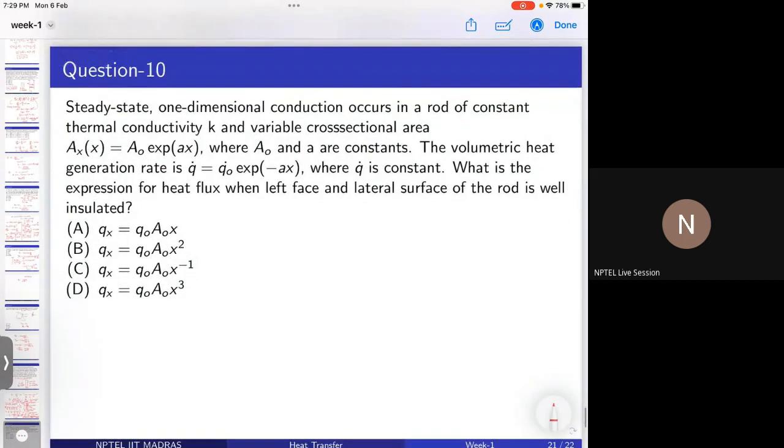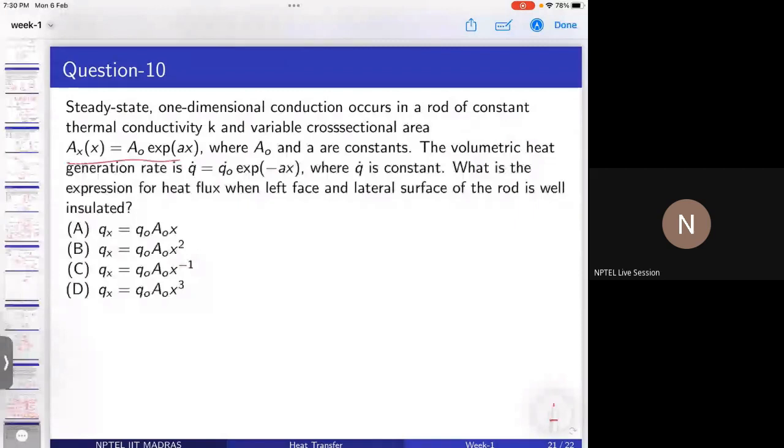So this is our last question. It is almost similar to the previous ones. If you have carefully understood the previous 10 questions, you can easily solve this. So you have to solve this question and give the answer. It's a steady state one-dimensional conduction occurring in a rod of constant thermal conductivity K and variable cross section area.